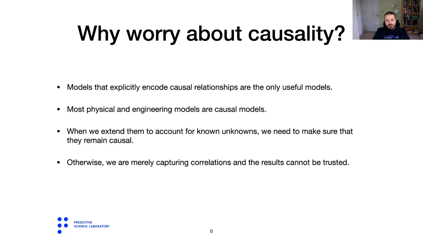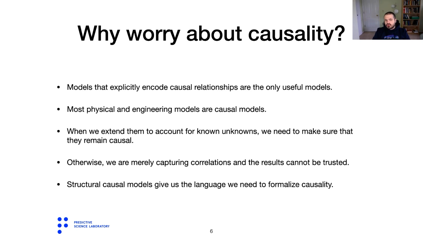And these models that capture just correlations are completely useless because you cannot use them to make decisions. You cannot trust these models. The reason is that models that just capture correlations cannot tell you what's going to happen to one variable if you intervene and you change the value of another variable. Causal models tell you that.